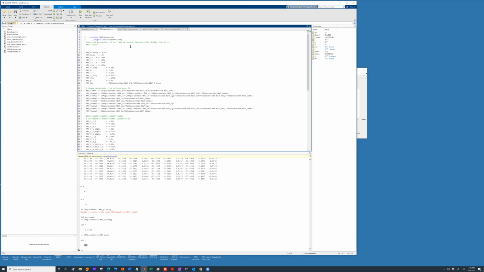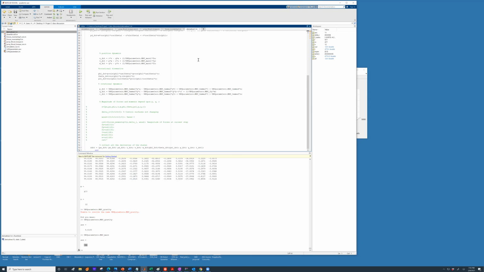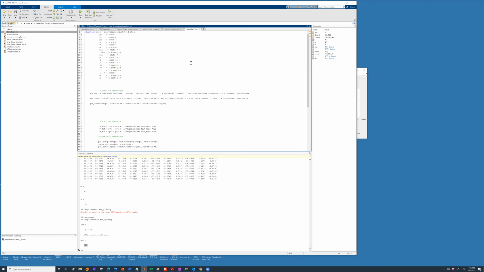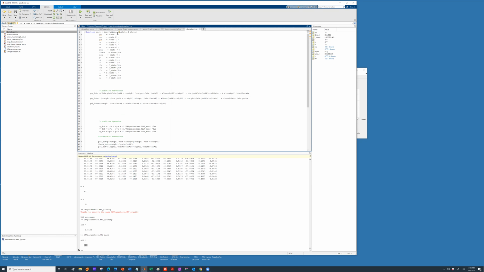Next, I want you to open the derivatives1.m file. I want you to go through this derivatives1 file. This is exactly the same as our derivatives file, except all the parameters are defined in terms of the members of the class.